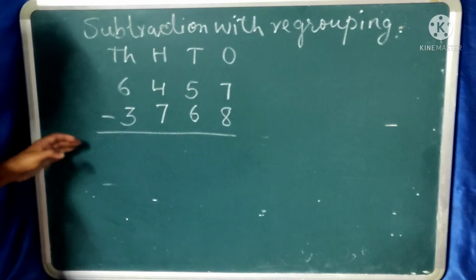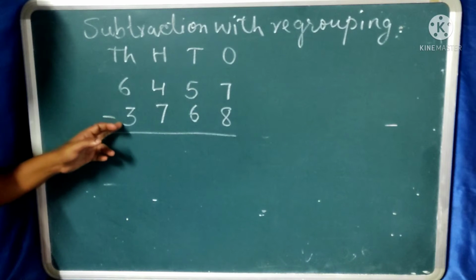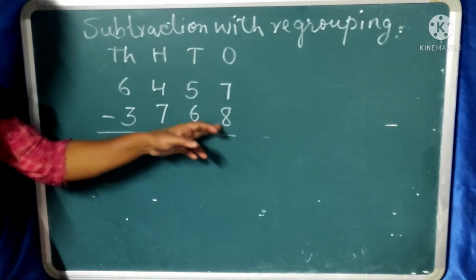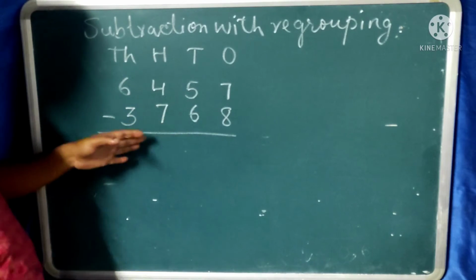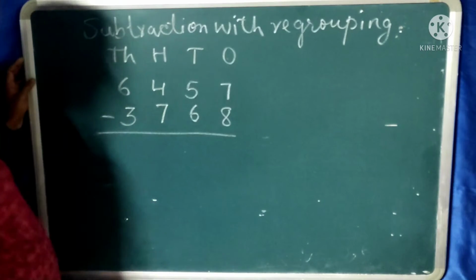Here we have to subtract 3,768 from 6,457. So we'll start from the ones place.